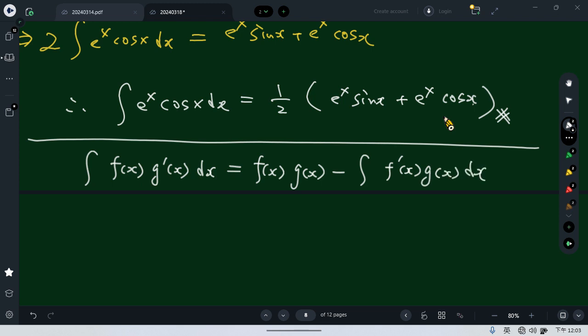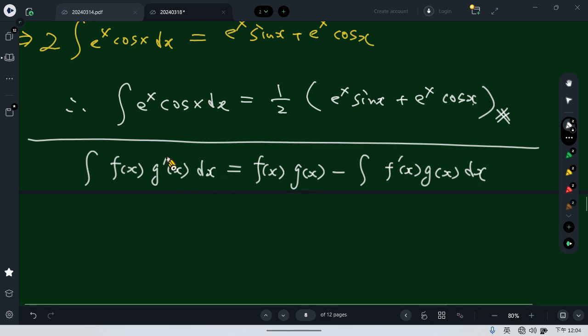But it seems that it's useful for the indefinite integral, right? Because we don't have the limit for the integral. So it seems that it works for the indefinite integral.